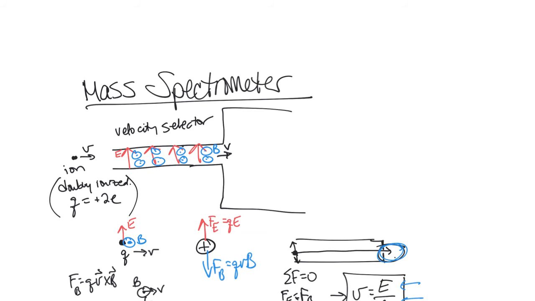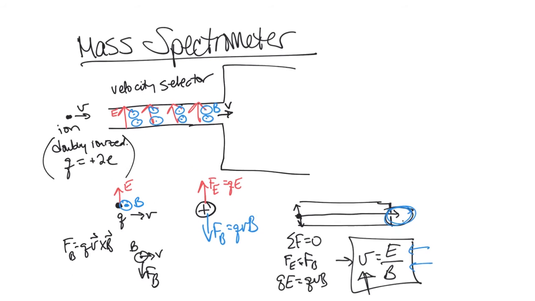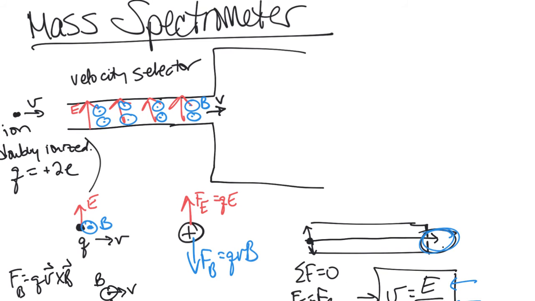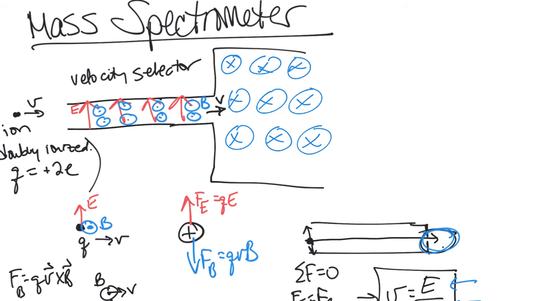And then the simulation that we were playing with today, let's do some more B fields. Let's, just for fun, make it a B field in. And let's say this is a positive charge.